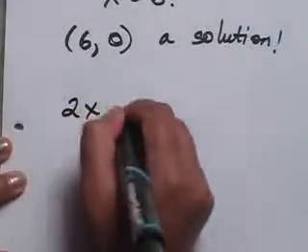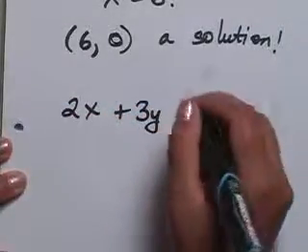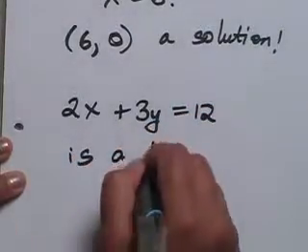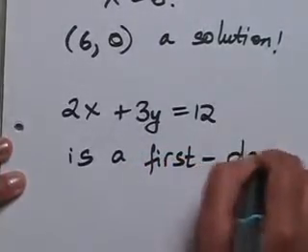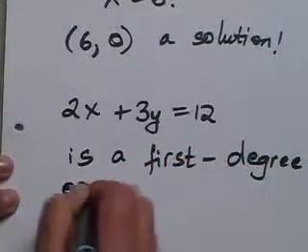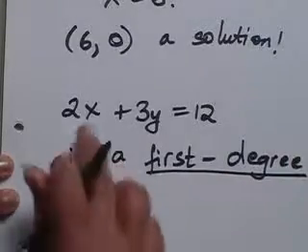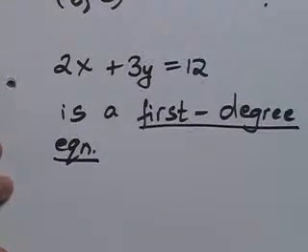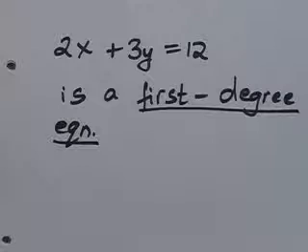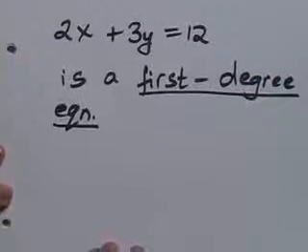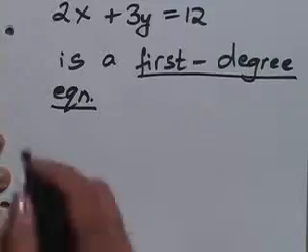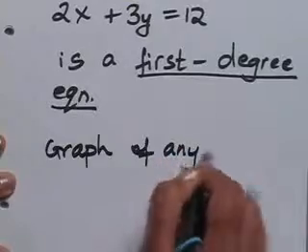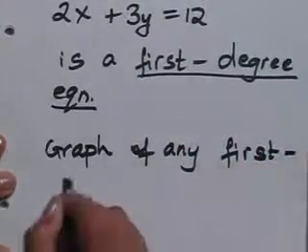Now equations of this form, 2x plus 3y equals 12, are what we call a first degree equation. The reason we call them first degree equations is that both our variables x and y have a power not greater than 1. All the powers in my equation here are 1, and therefore it's a first degree equation. The graph of any first degree equation is a straight line.